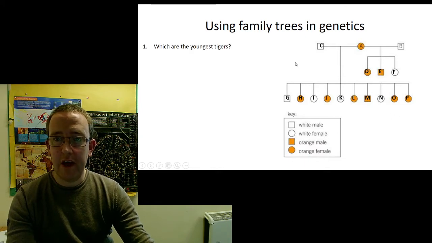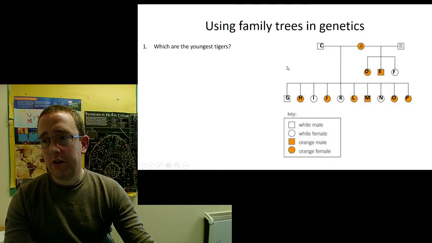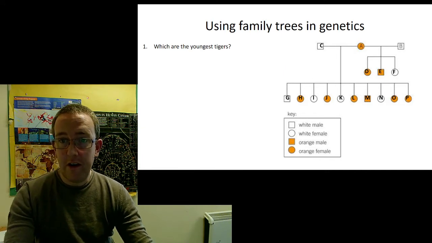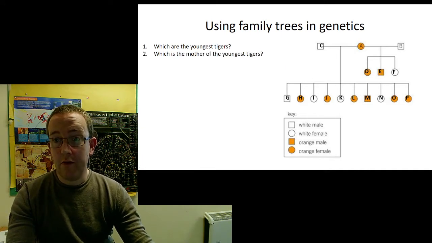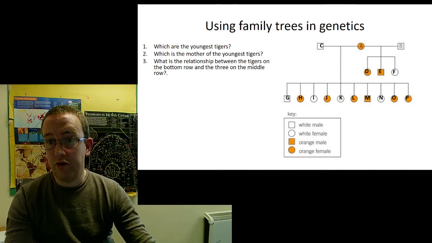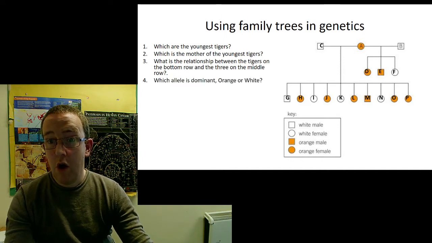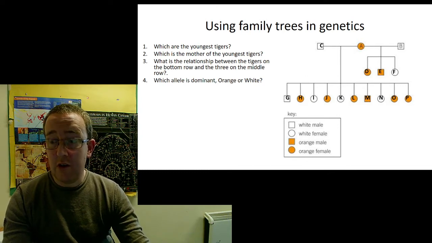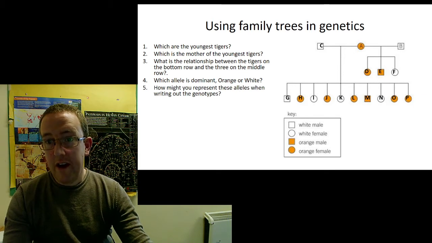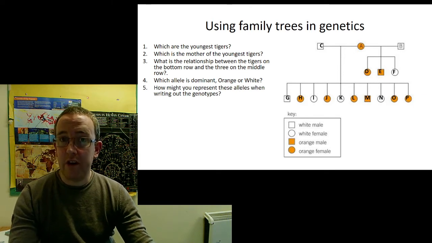The kind of questions you might be looking to answer go as follows. Which are the youngest tigers? Which is the mother of the youngest tigers? What's the relationship between the tigers on the bottom row and the three on the middle row? Which allele is dominant? Is orange dominant to white, or is white dominant to orange? And how might you represent the alleles when writing out the genotypes?